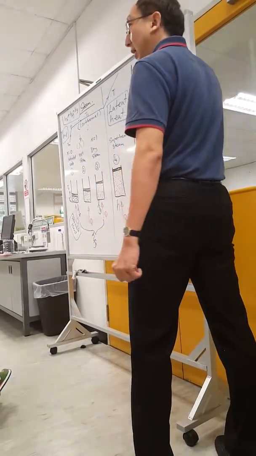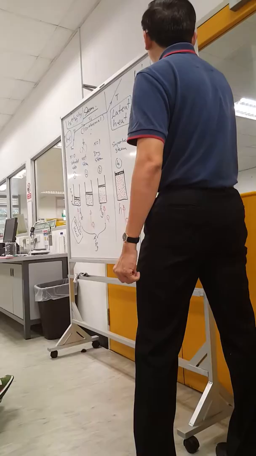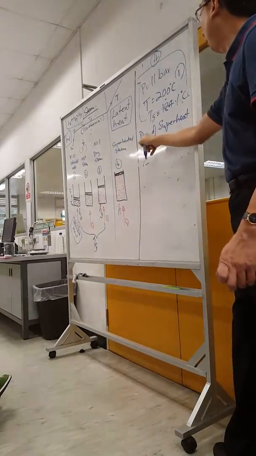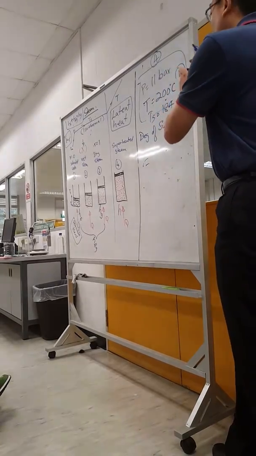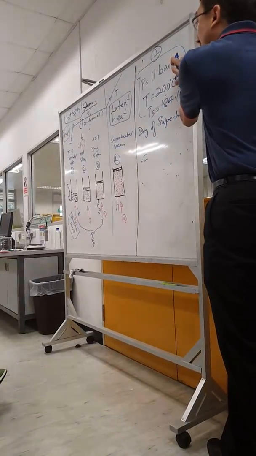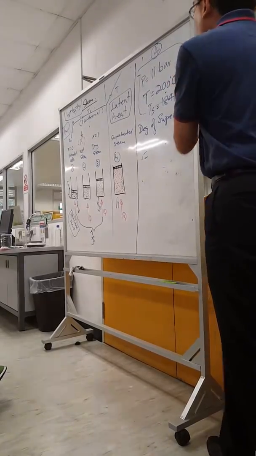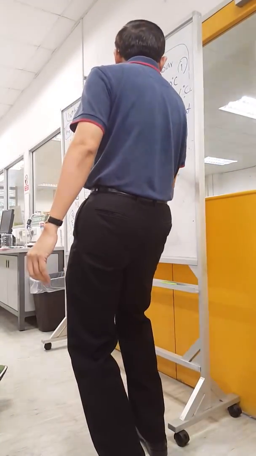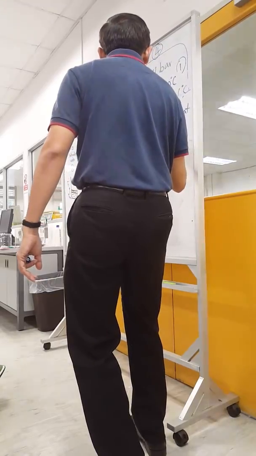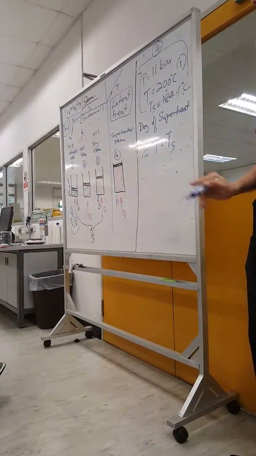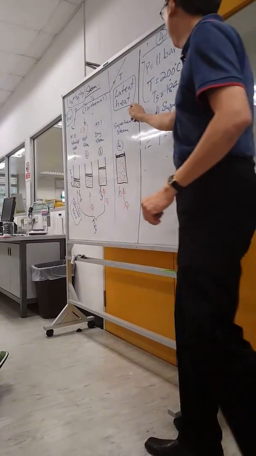Ts is 184.1 degrees C. So your degree of superheat means the difference between your superheat temperature and your saturation temperature. So degree of superheat equals T minus Ts, which is 15.9, about 16.